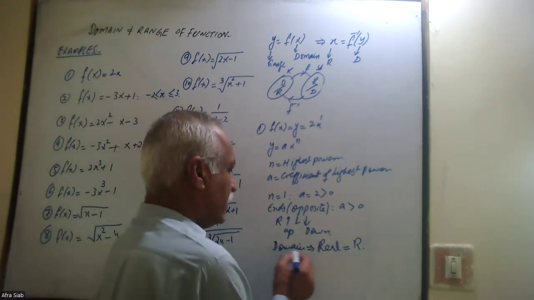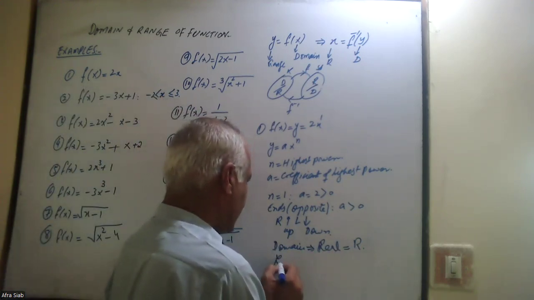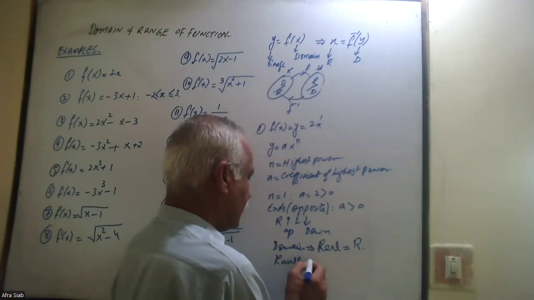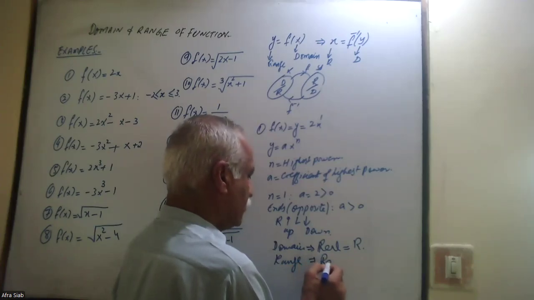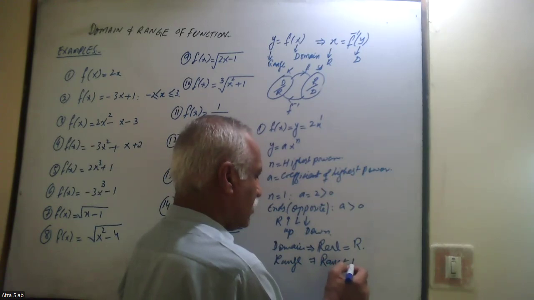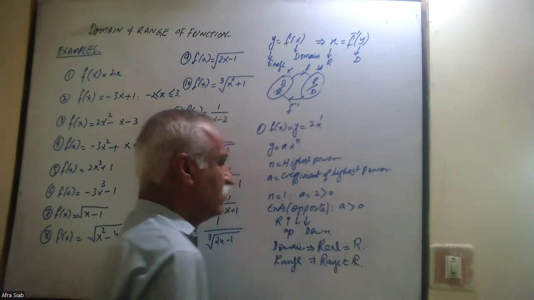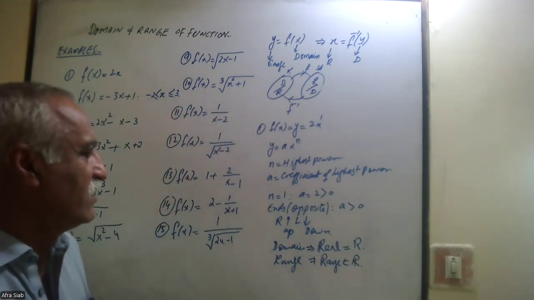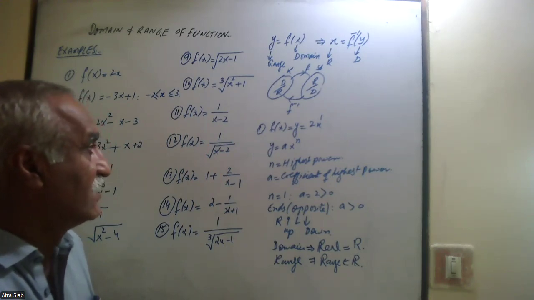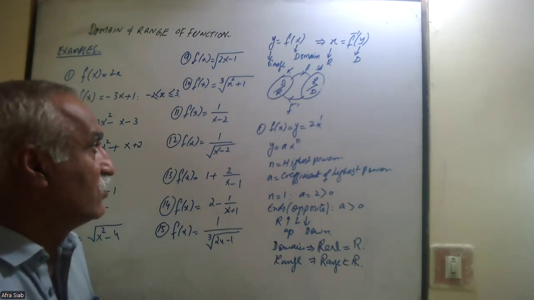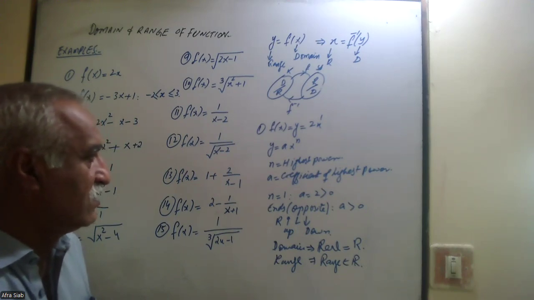So the domain is all real numbers and the range of this function also belongs to all real numbers, for a general polynomial of x.